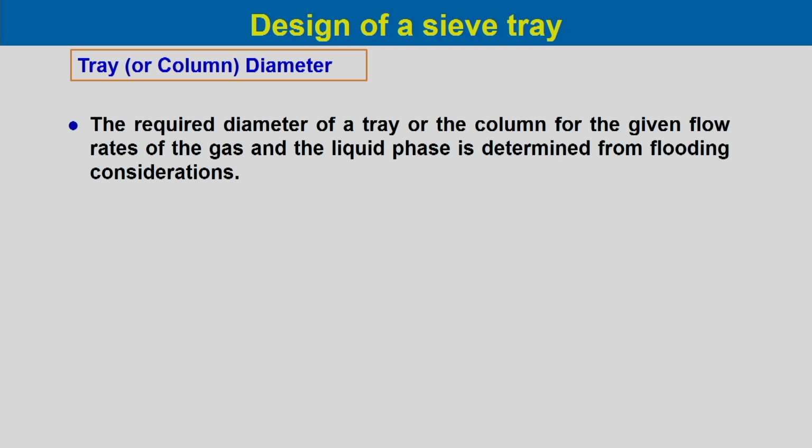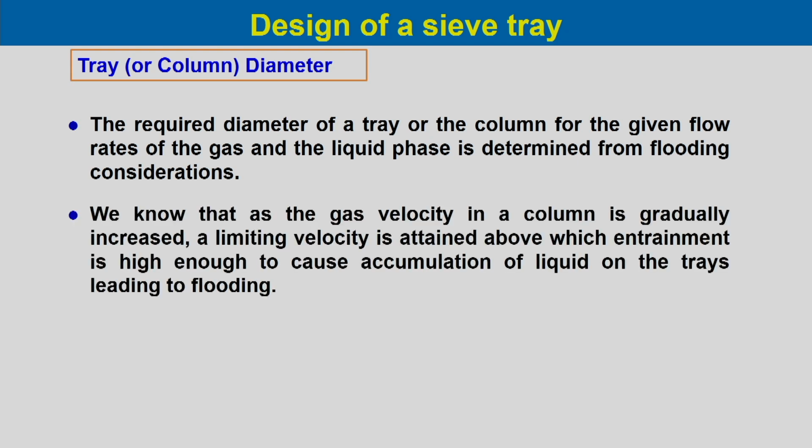Tray or column diameter. The required diameter of a tray column for given flow rates of the gas and the liquid phase is determined from the flooding conditions. We know that the gas velocity in a column is gradually increased. So, if we increase the gas velocity in a column, there is a limiting velocity above which entrainment is high enough to cause accumulation of the liquid on the trays, leading to flooding.